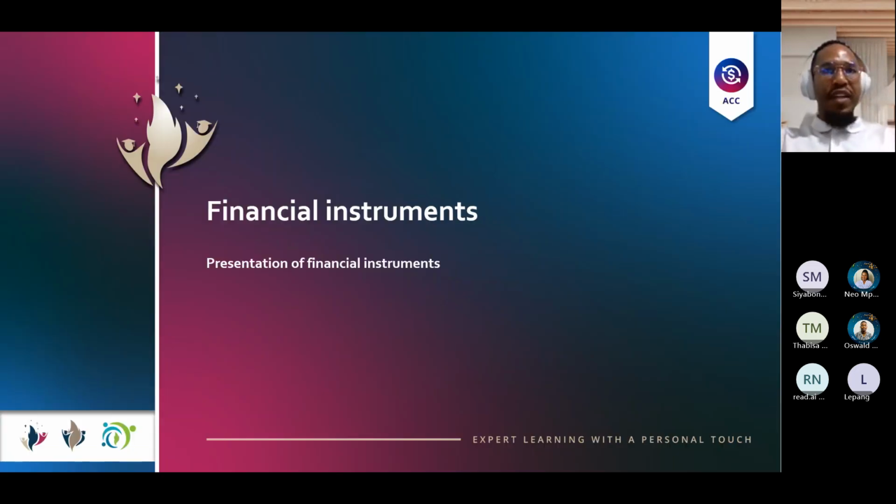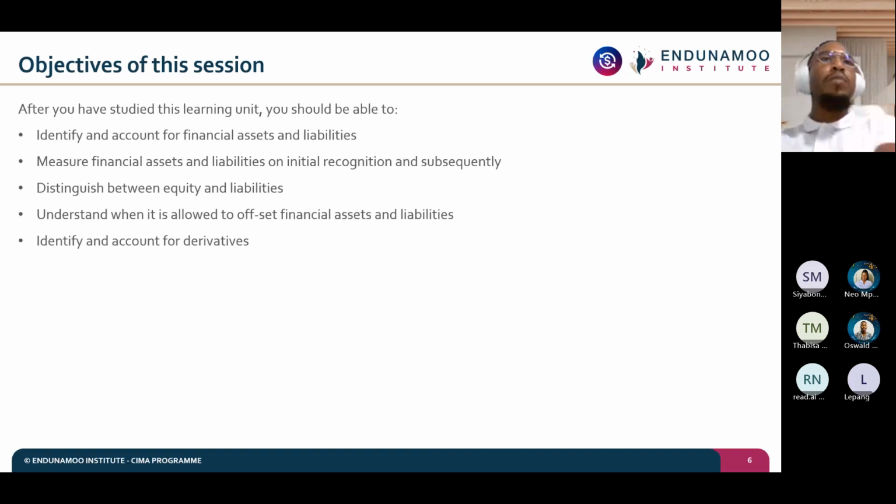Coming to the presentation of financial instruments, our objective tonight is to identify and account for financial assets and financial liabilities. We also expect that you should be able to measure financial assets and financial liabilities on initial recognition and subsequently.